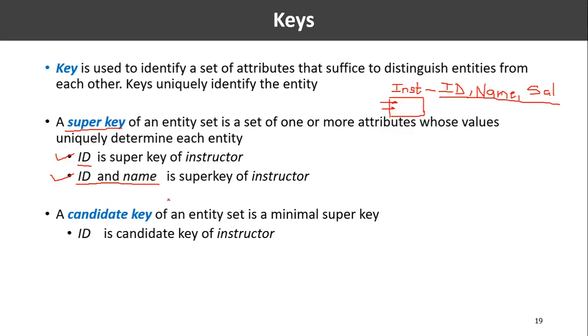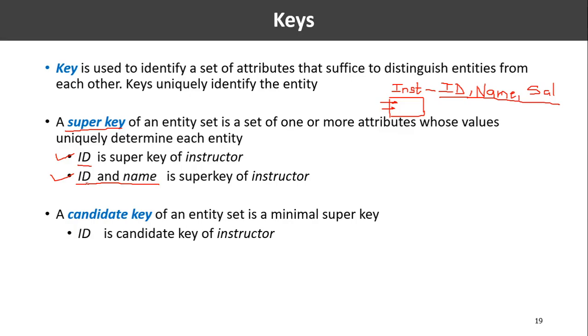What I mean by that? Say for example, whether ID along with name can be treated as candidate key, whether it is a minimal super key.